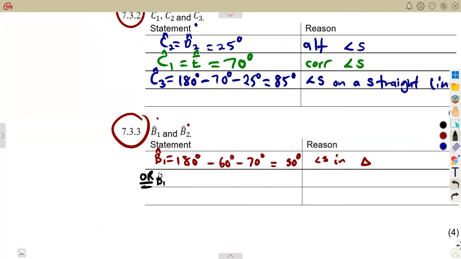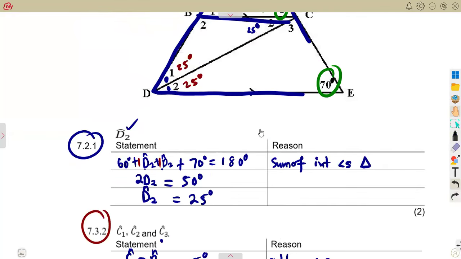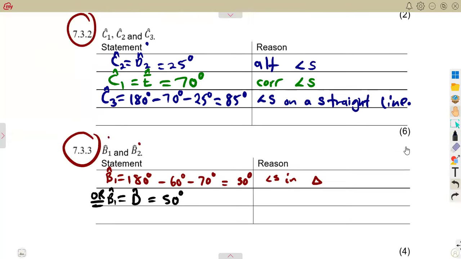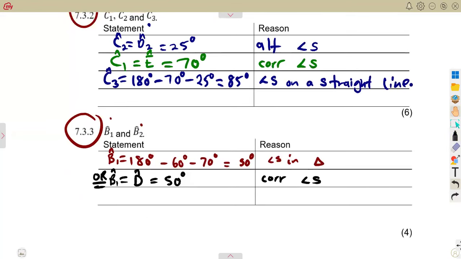Angle B1 is equal to the whole of angle D, which is 25 plus 25, which is 50 degrees. We simply consider the 25 and 25 degrees together. In this case, you have to consider this as corresponding angles. So that's another way that you could have used to calculate angle B1.